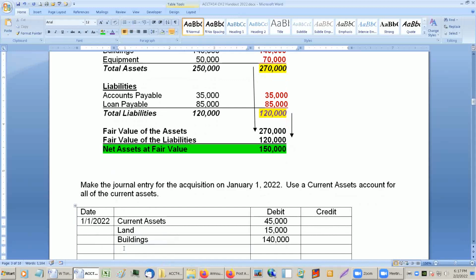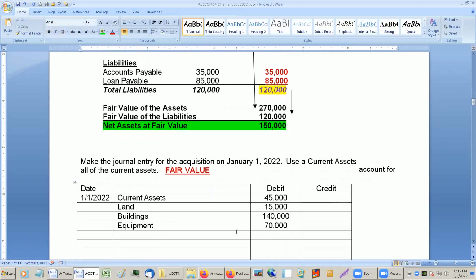And the equipment. And again, these are all going to go on at fair value. And the same thing with the liabilities.